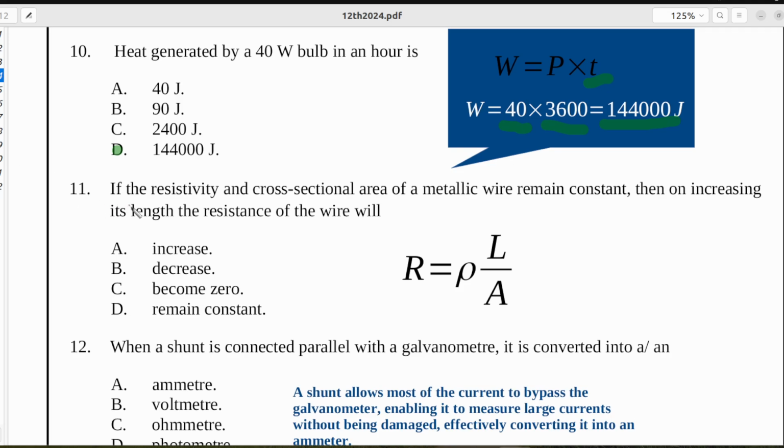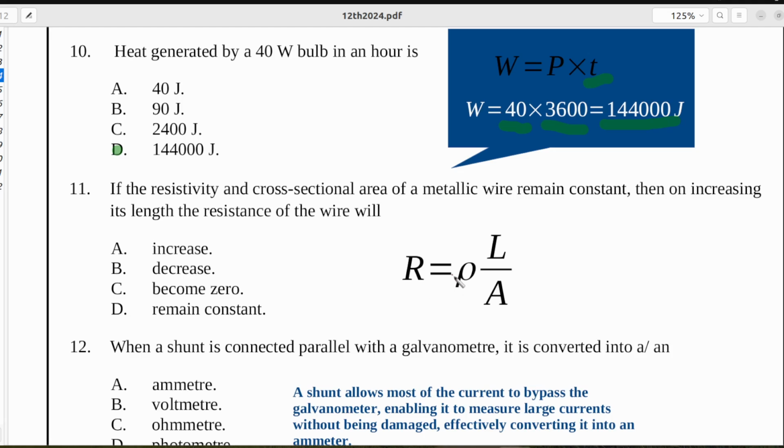Question number 11. If the resistivity and cross-sectional area of a metallic wire remain constant, then on increasing its length, the resistance of the wire will, options are option A increase, option B decrease, option C become 0, option D remain constant.